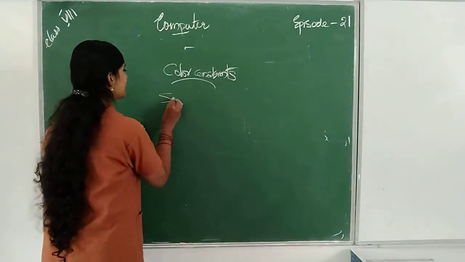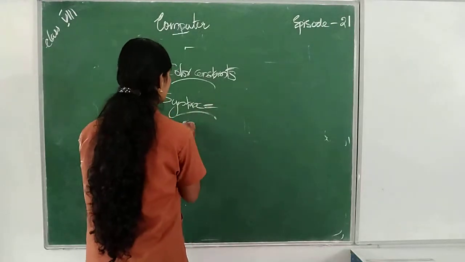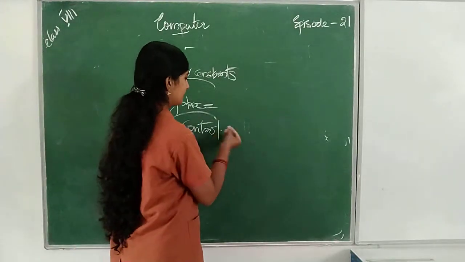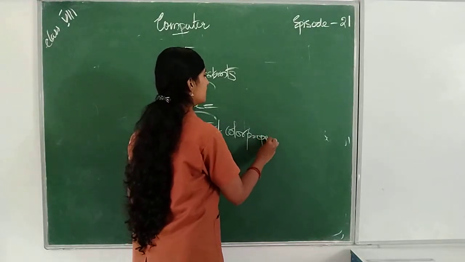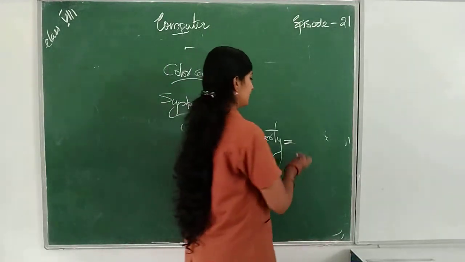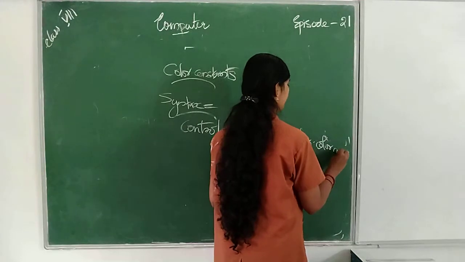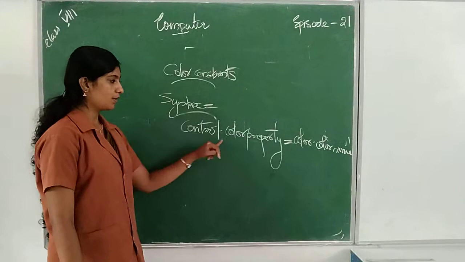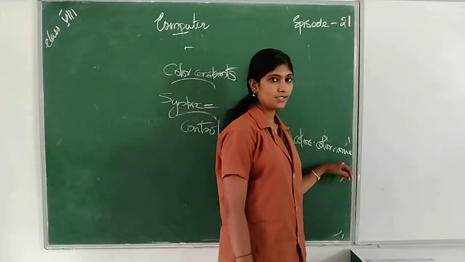So the syntax is control dot color property equal to color dot color name.